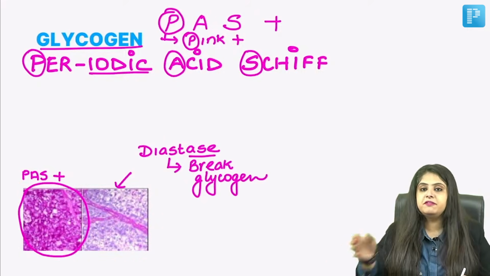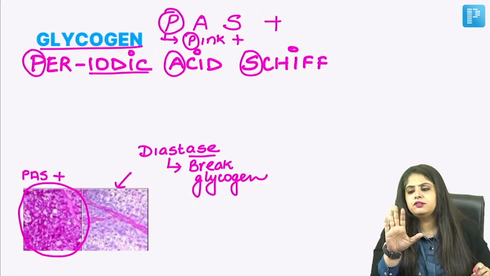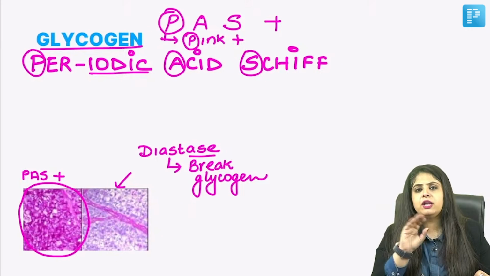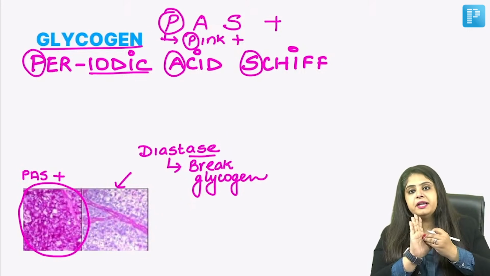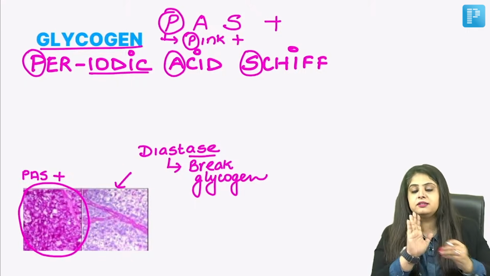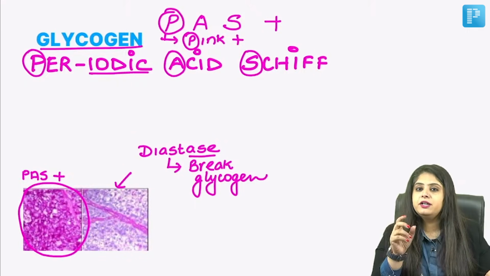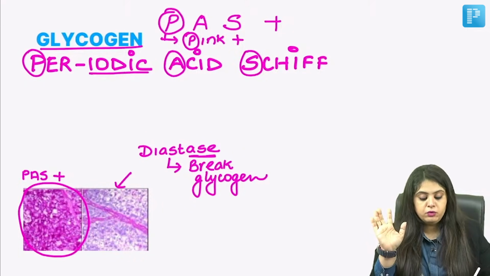So now tell me, look, for example, this is one slide. Let's assume this slide has a lot of glycogen. It is the glycogen storage disease slide. If I put PAS on it, will I get a pink color? Yes, of course. It has glycogen. You put PAS, you will get a pink color. But on this, beforehand, what did I do? Secretly, before you came to put PAS, I went and I added this enzyme. All the glycogen got broken down.